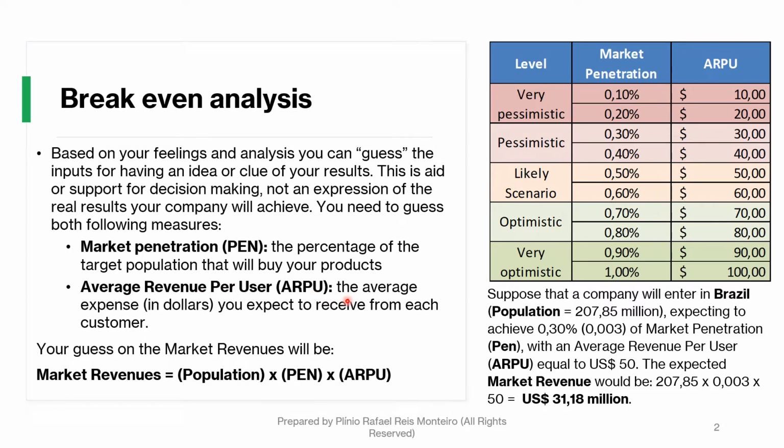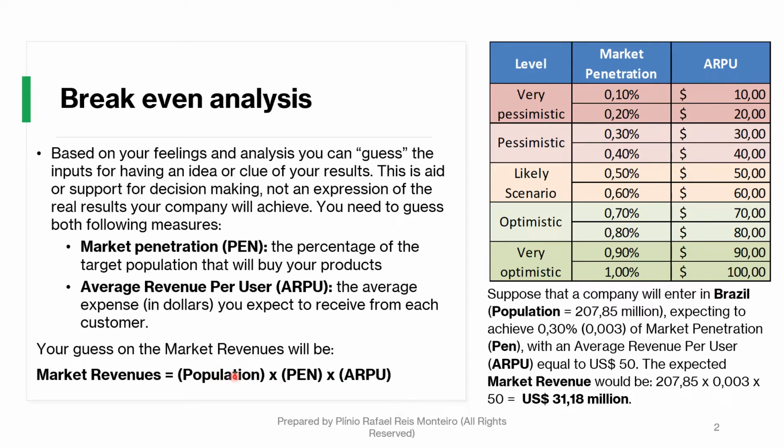Basically, how much on average each customer will spend or buy of your products in the first year of operation. Indeed, in the real simulation, and it's the same mechanism that we are using here, your market revenue is the multiplication of the population in the country, the market penetration of your business, and the average revenue per user.